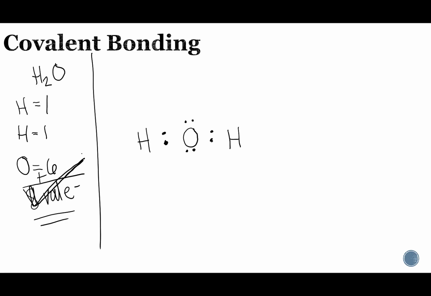Now we need to assess it. So the whole purpose of the exercise is to fill valence shells. So again, if I look at this hydrogen, he is touching 1, 2 electrons, and he's happy with that. That's a full valence shell for him. This hydrogen over here is touching 1, 2 electrons. That's a full valence shell. He's happy with that.